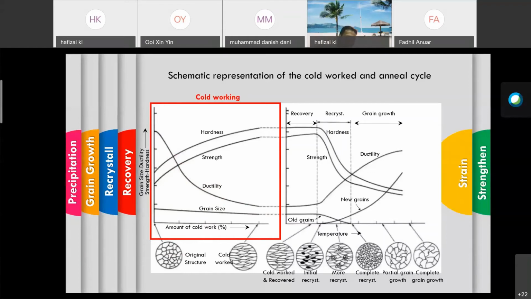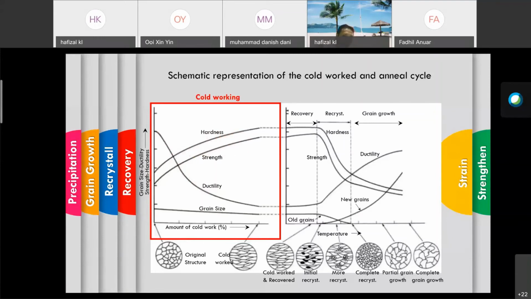During the drawing process, originally the ductility is very high. After the process, the final product's ductility is very low. So we don't want the ductility to be very low, so we want to increase the ductility. But the hardening, the strength, is increased.